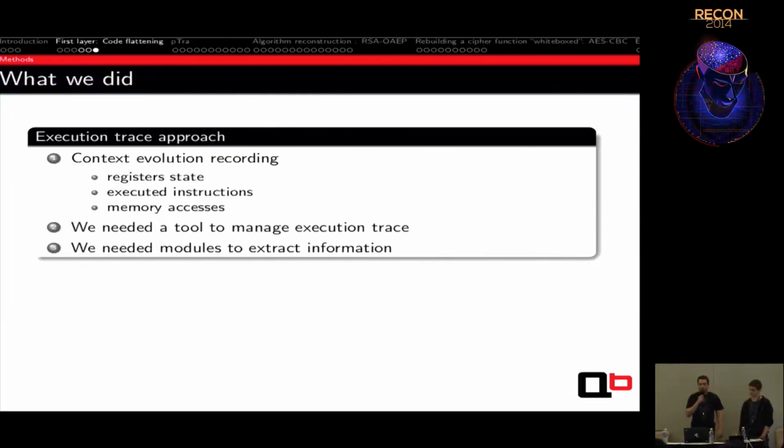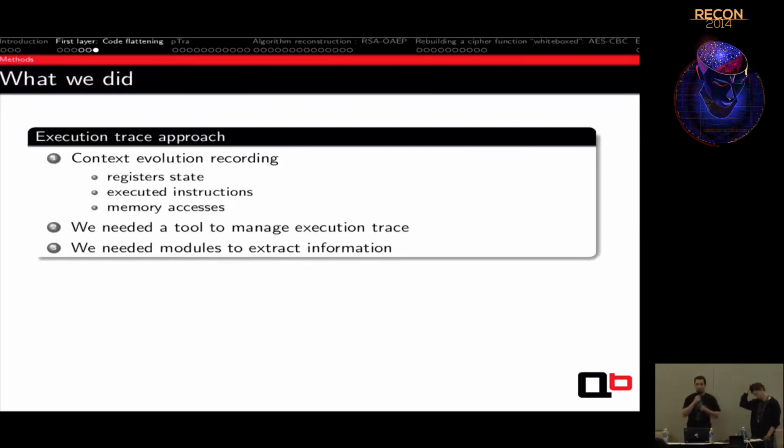What we need is to record the context evolution over time. Basically the register states, or register values, for each executed instruction, so all the code executed, and all memory accesses done by the executed instructions.